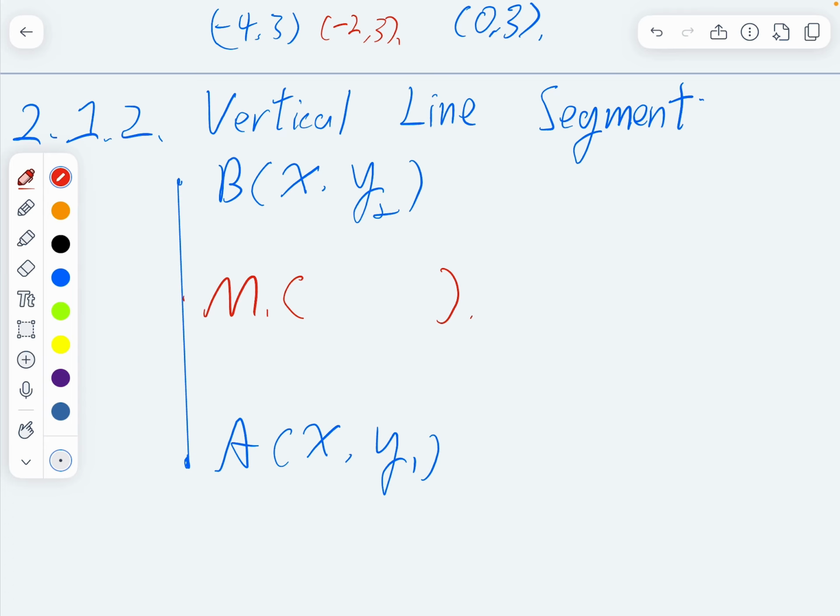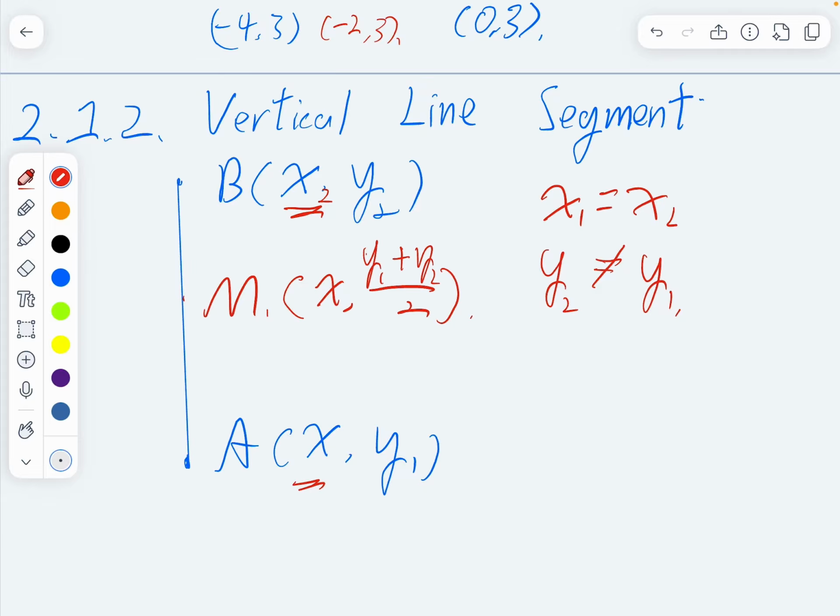Here the x values are the same, x1 equals x2, but y1 does not equal y2. So it is just the inverse of the first one. The x values are the same, and we just calculate (y1 plus y2) over 2. That's the same.